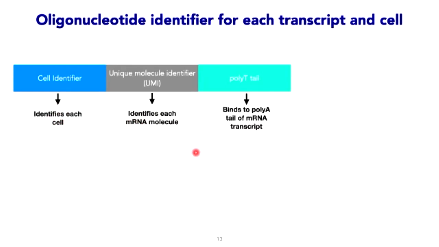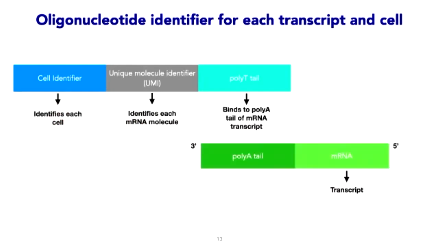And finally, a poly-T tail, which binds to the poly-A tail of an mRNA transcript. So now you can imagine an mRNA transcript that has a poly-A tail, a mature one, that then binds to this poly-T and is hence captured. And now if we can multiply our imagination to many, many transcripts and many, many such oligonucleotide constructs sticking out of the bead inside a droplet, then we capture a pretty big part of the transcriptome of the cell of interest.